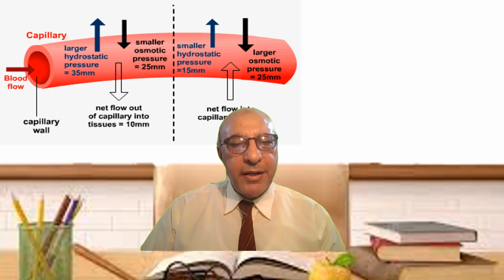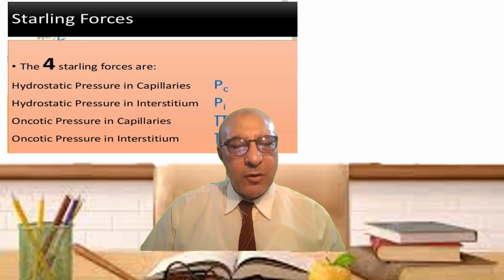So we have a net 10 millimeter mercury, which tends to reabsorb the fluid at the venular end of the capillary. This is a sort of summary for what we have just said, that we have four forces: hydrostatic pressure in the capillaries, oncotic pressure in the capillaries, opposed to some extent by hydrostatic pressure in the interstitium, which most of the time is small to the point that it can be neglected, and the oncotic pressure in the interstitium, which is the same.